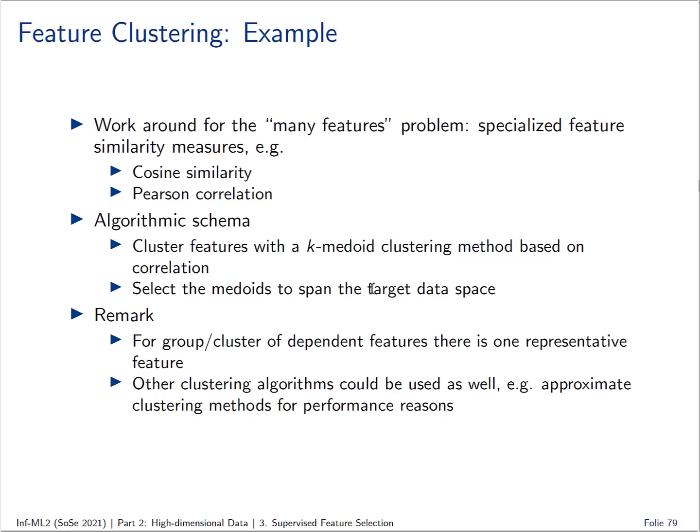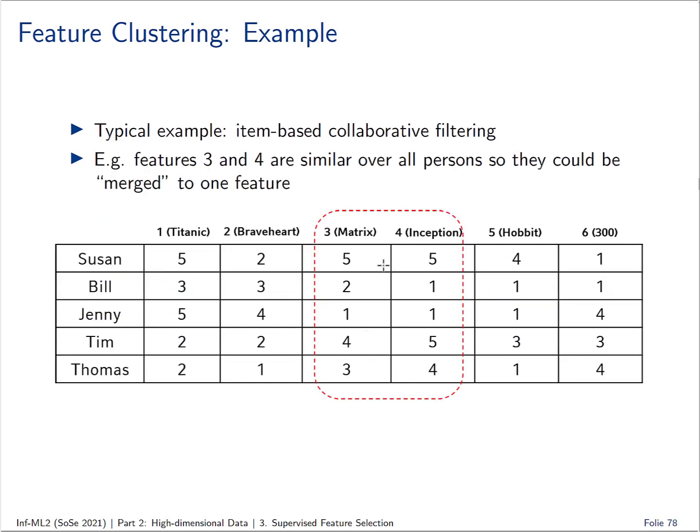For each cluster, there is only one representative feature, and obviously the features in each cluster are somehow dependent on each other. They are somehow redundant. Look at this one here. The features here are somehow redundant. That's why they cluster together, and that's why we could get rid of them.